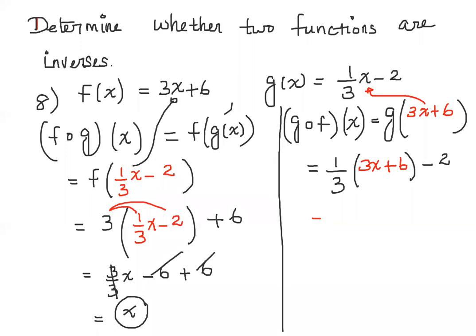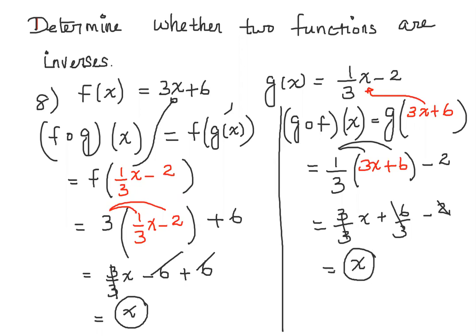Next we're going to distribute. So it's going to be 3 over 3 x + 6 over 3 - 2. 3 over 3 is x. 6 over 3 is 2, which cancels out the minus 2. So for both, we are getting x. So these two functions are inverses. So f and g are inverses.